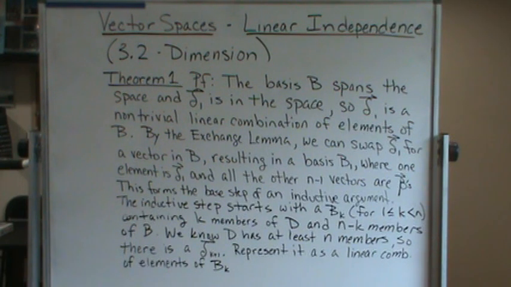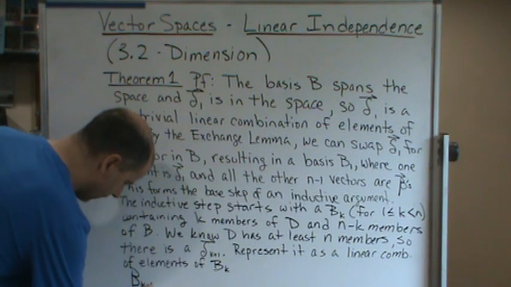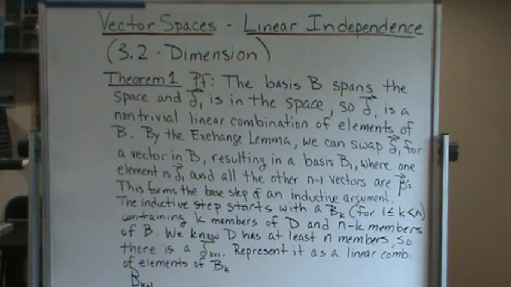And now we're going to get a new basis, which is going to be B sub k plus 1. And so it's going to have one more delta vector and one less beta vector than the previous basis B sub k.